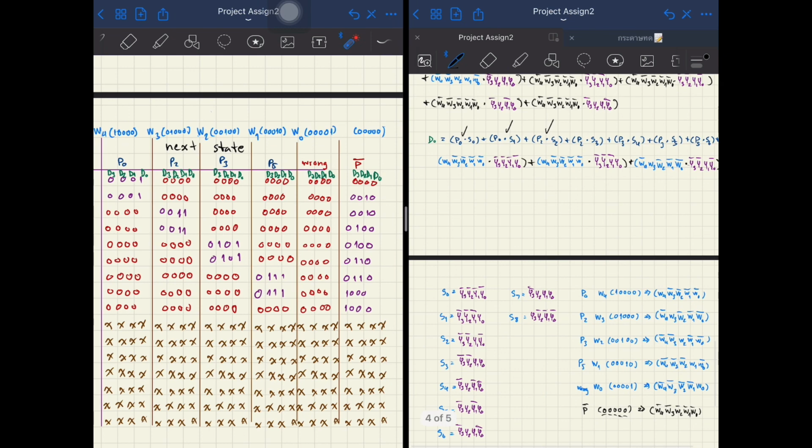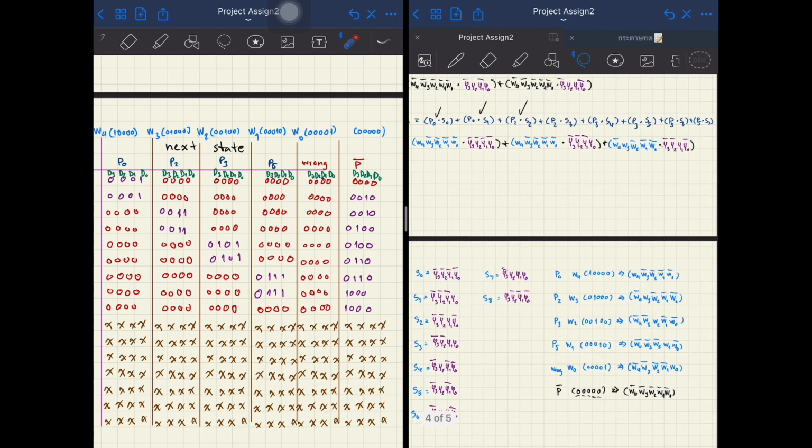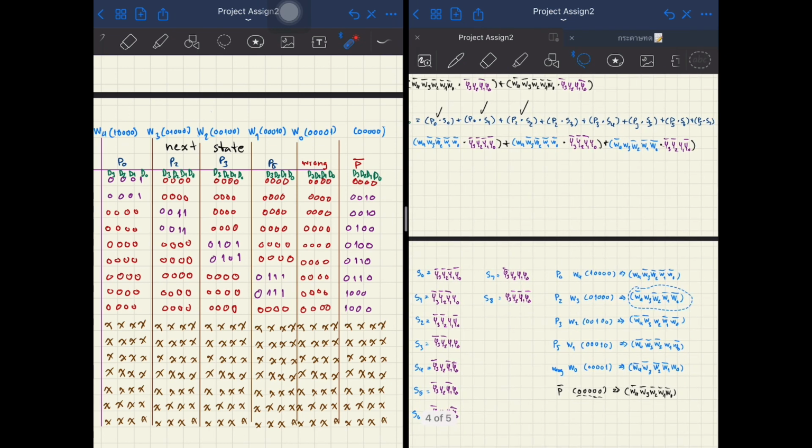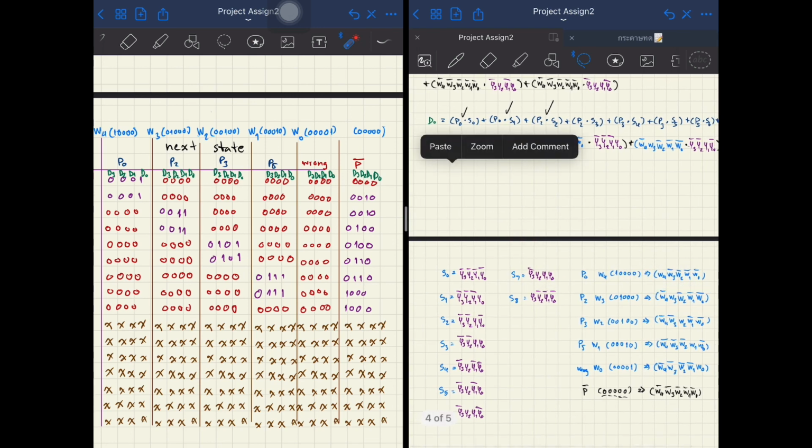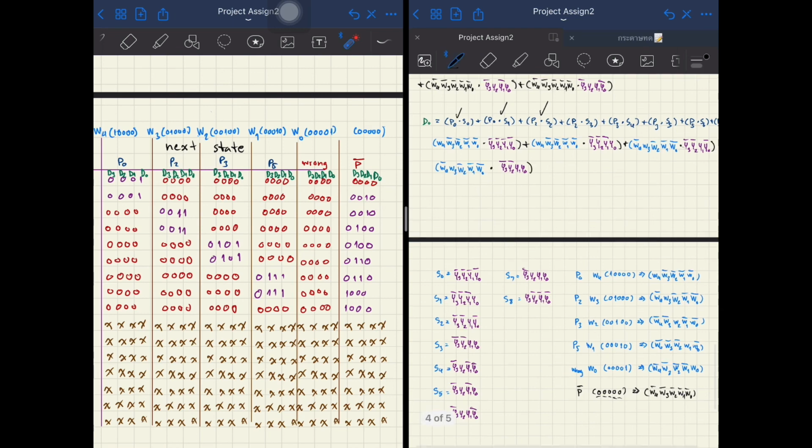Okay, next is P2 and with state 3. P2 is here, state 3 is here. Okay, check it. P3 and with state 4.